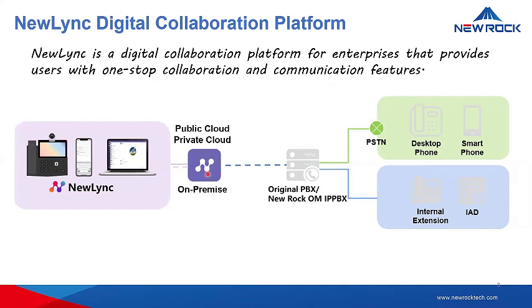When Newlink is bundled with our Neurac OMIPPBX, they will integrate instant message, video conference, and IP telephony together. As a result, it will empower SMEs and effectively improve enterprise collaboration efficiency. In general, Newlink can be perfectly applied to SME, government, finance, and hotel industries.